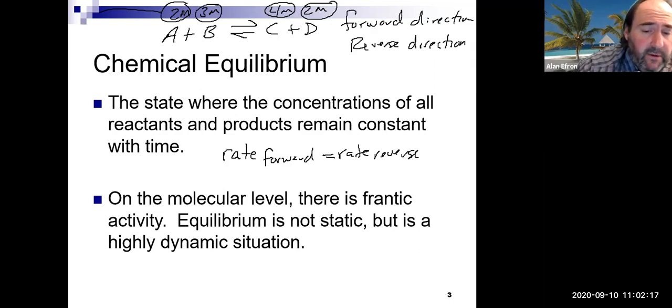It doesn't mean that we have 6 molar on the left and 6 molar on the right, or the same amount of everybody. It just means that wherever they are in terms of concentration at that point, they're locked in, and nothing will happen to their concentrations. They'll maintain those concentrations unless you did something to mess up the equilibrium, which we'll talk about later in this chapter as well.